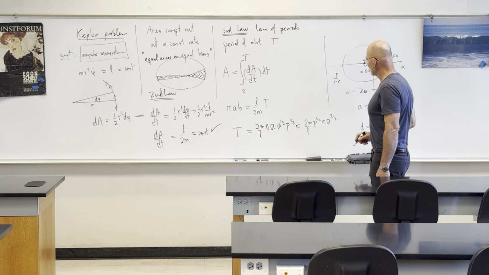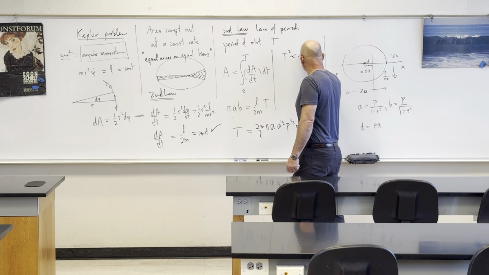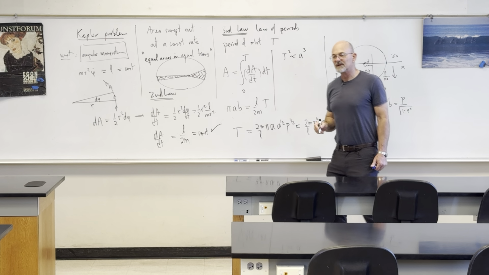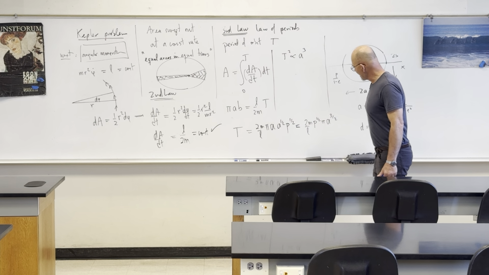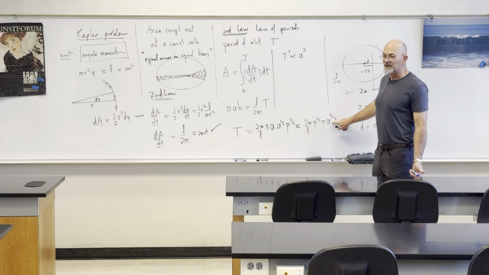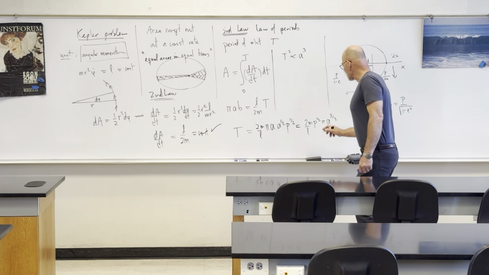You could actually already call this Kepler's third law. Squeeze this right in here. But Kepler's third law was period squared proportional to semi-major axis cubed. And you see we have that, right? If I square this, I have a cubed over here. But we're not quite done. We want to clean this up a bit.